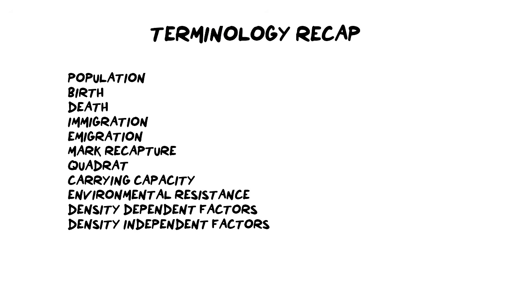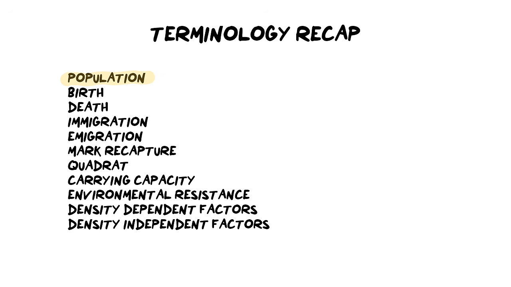Now, as always, I like to end off my lessons with a terminology recap, and you can use all of these terms to create flashcards and to study from, or to mind map out your ideas, or a blurting method is really good for this kind of thing, so you can write down the word and everything you remember about it. But we first of all looked at population, which remember is a particular group of organisms in the same place at the same time, and they are the same species.